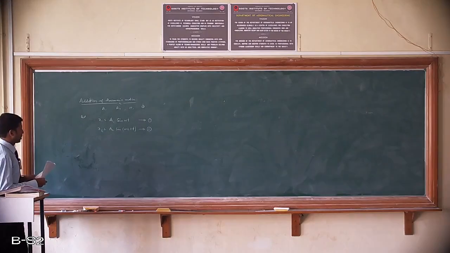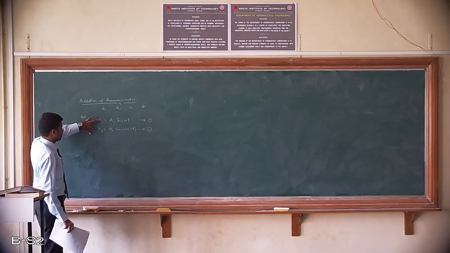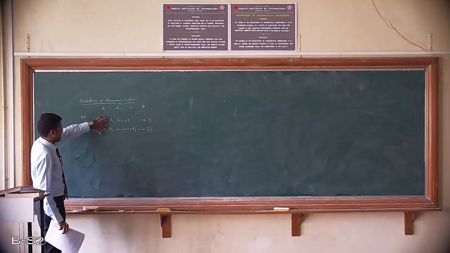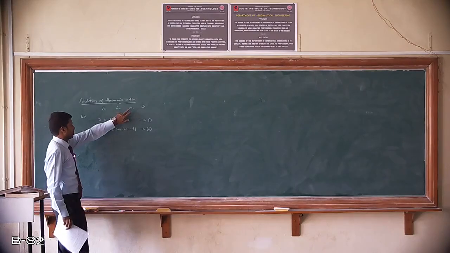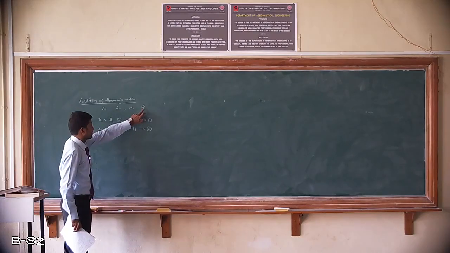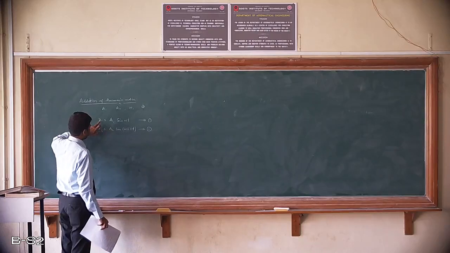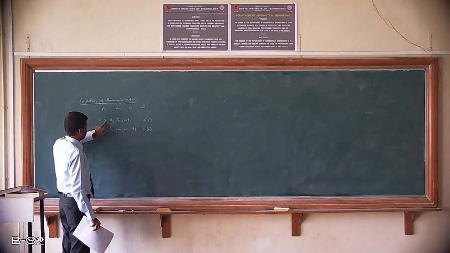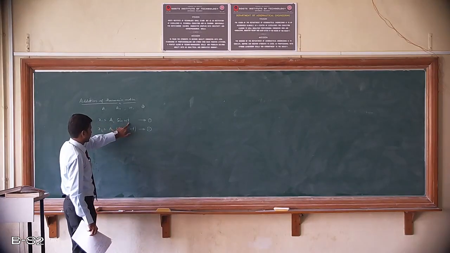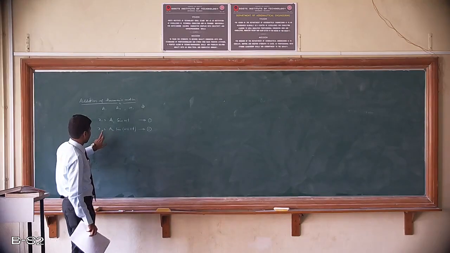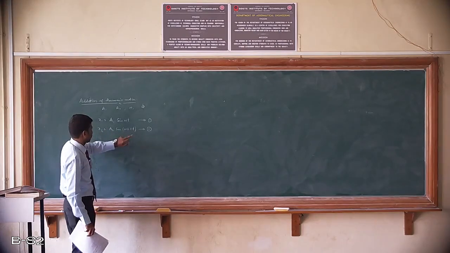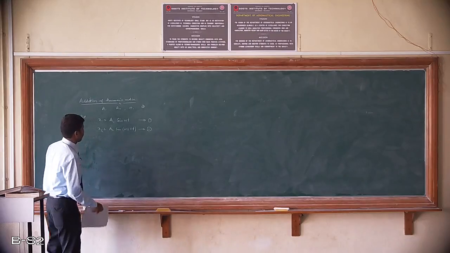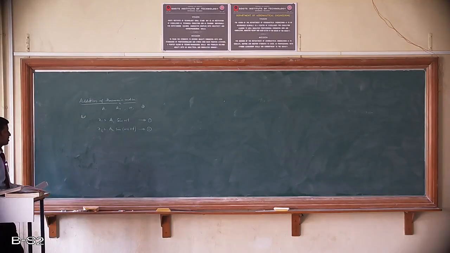So I have two vectors x1 and x2 having amplitudes a1 and a2, frequency omega and a phase difference of phi. The first is represented by x1 is equal to a1 sine omega t, and the second one x2 as a2 sine of omega t plus phi, where phi is the phase difference and a1 and a2 are the amplitudes.